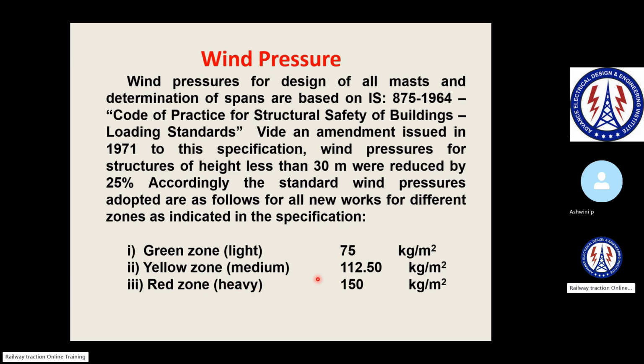There, the maximum span will reduce. Here the maximum span will be 72, but there the maximum span will reduce. And the foundation for the mast is going to be heavier, still more heavy.